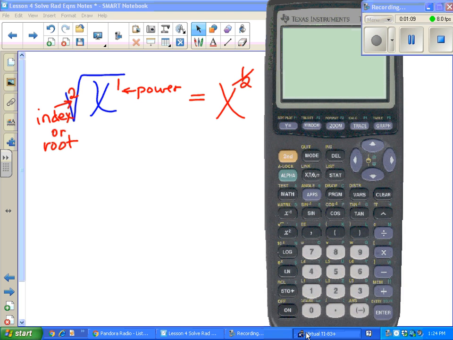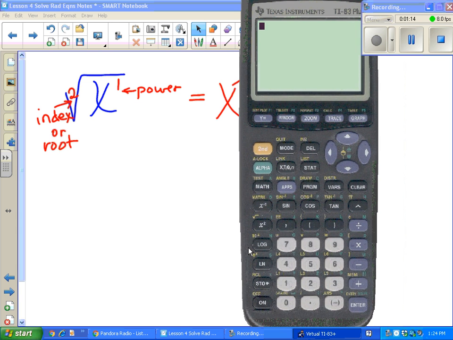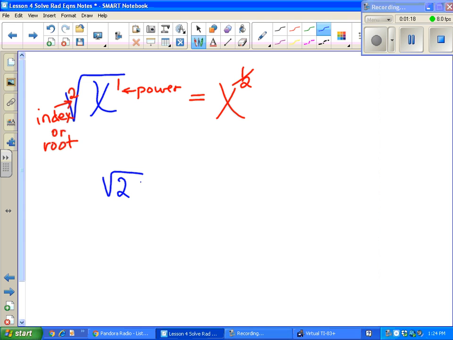What I can do is we can actually look at that on our calculator. So I've pulled up my calculator, and let's just say we ask ourselves about the square root of 25. We know that the square root of 25 is 5. Once we realize the relationship between a square root and a fractional exponent, 25 would be to the 1/2, because that would be an index or root of 2, and that's 25 to the first power. So that would be 25 to the 1 over 2 power.